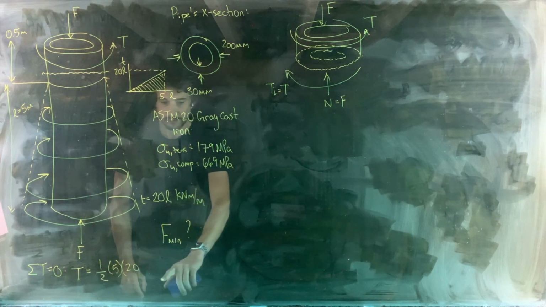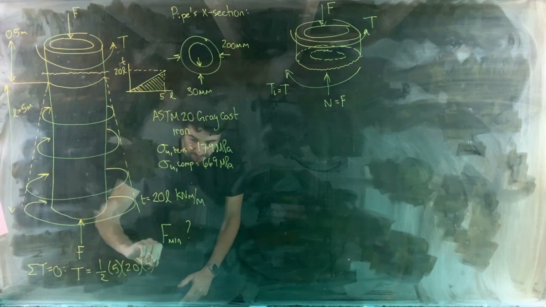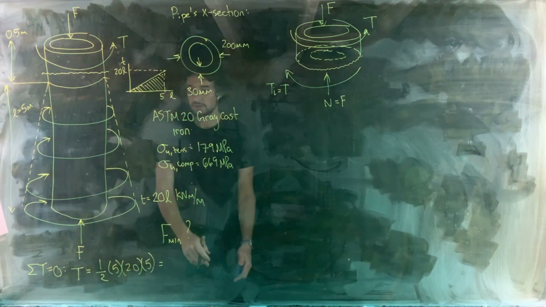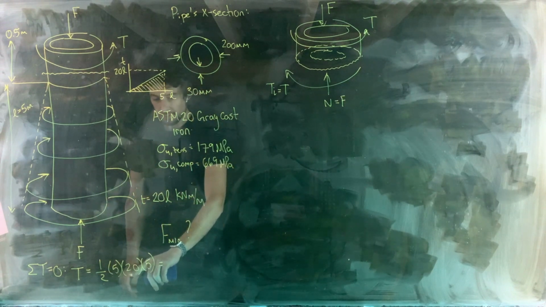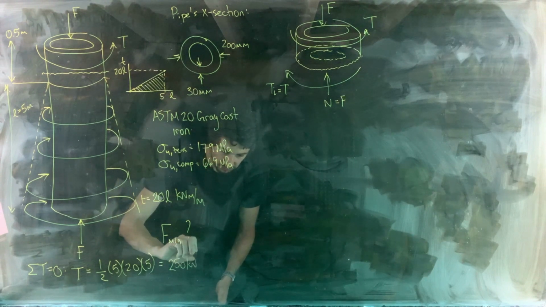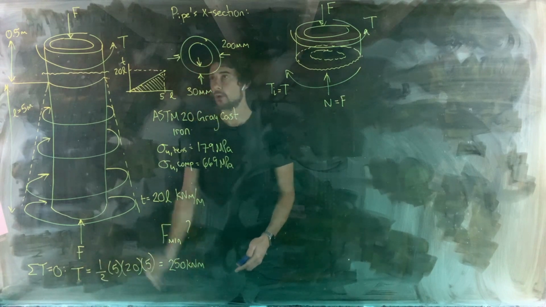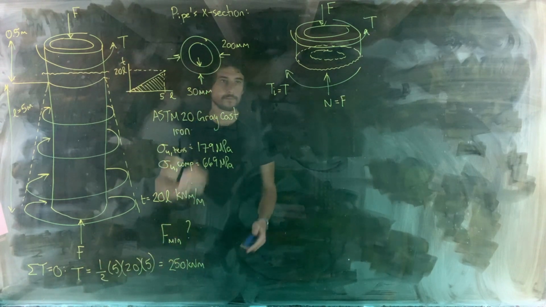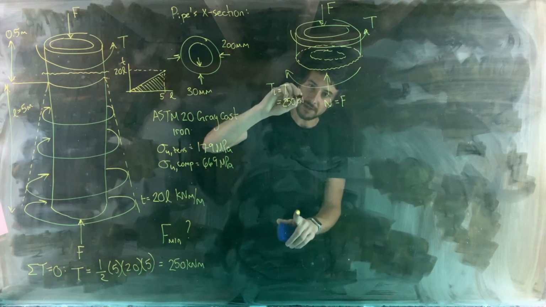So this torque is going to come out in kilonewton meters, 20 multiplied by 5 again there. Okay. So we've got 25 multiplied by 10, 250 kilonewton meters is going to be the torque T there. So we've got our internal torque then is equal to 250 kilonewton meters.